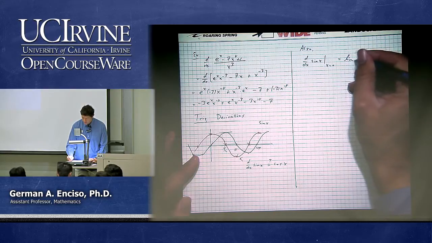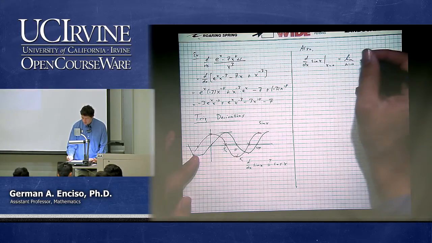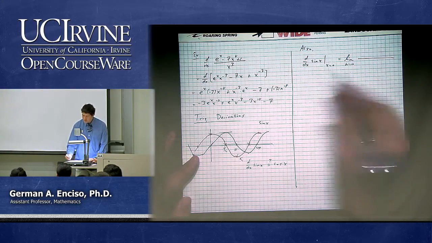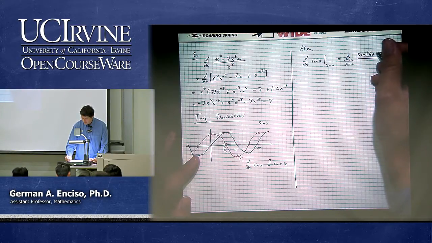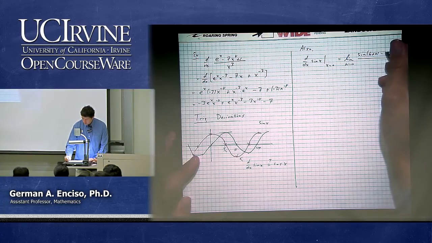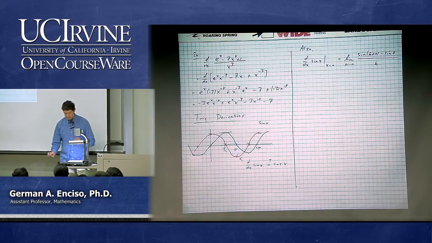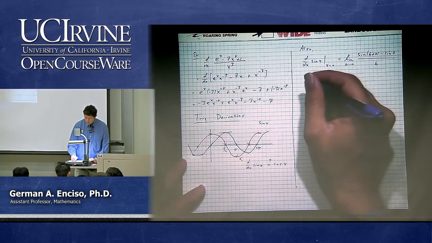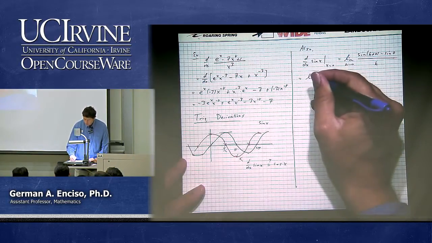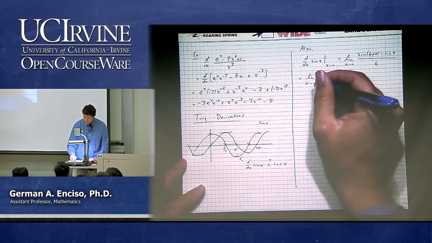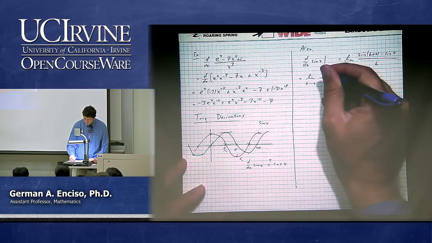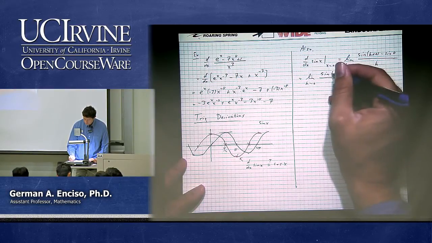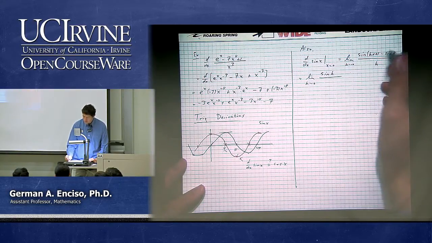And this is equal to the limit when h tends to 0 of sine of h plus 0 minus sine of 0, divided by h. But that is equal to the limit when h tends to 0 of sine of h minus 0, right?